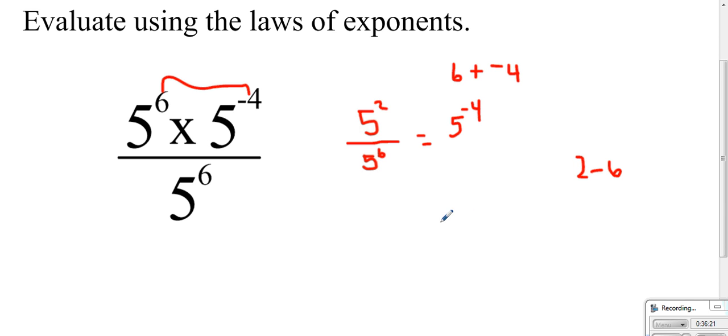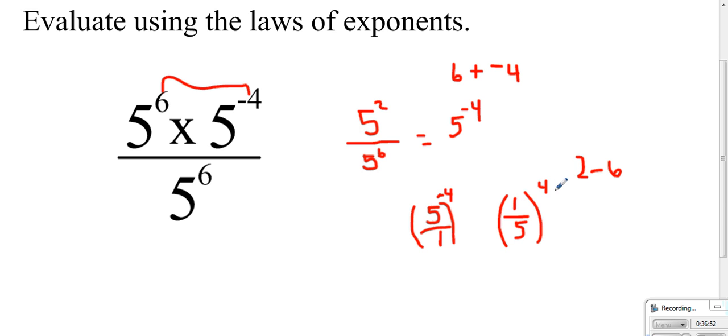On the test, there will not be a negative exponent. You have to convert this into a positive exponent. Remember, if you have a negative exponent, you have to take its reciprocal. It's almost like you're putting a 1 underneath of this whole thing and then flipping the fraction. If you flip the fraction, you're getting its reciprocal. So it's 1 over 5, and once you flip it, the exponent becomes positive.